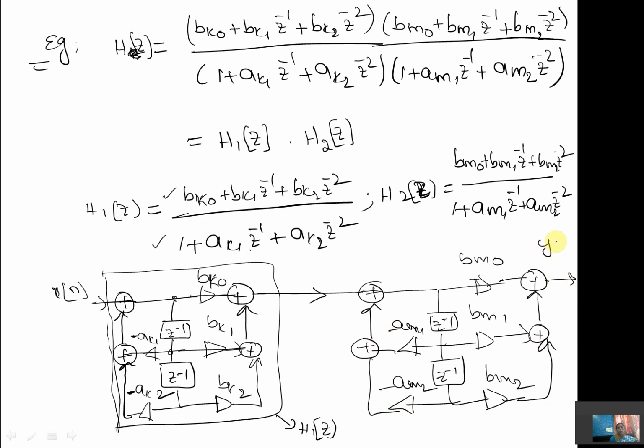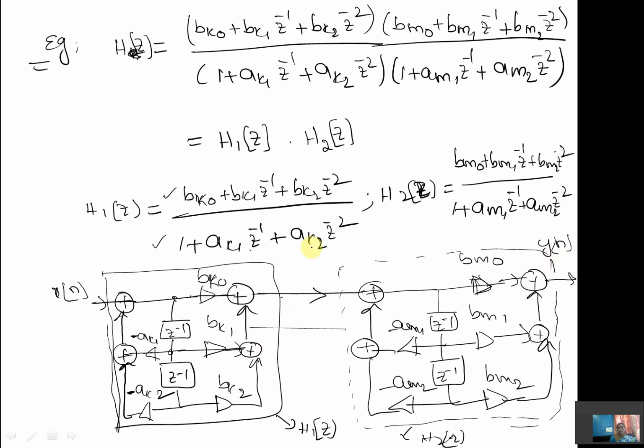Then here this is the output. That means in our example we have taken only two terms, two products here, like H1 of Z, H2 of Z. So now we implemented these two, H1 of Z and H2 of Z, using direct form 2 structure, and then cascade these two transfer functions like this.